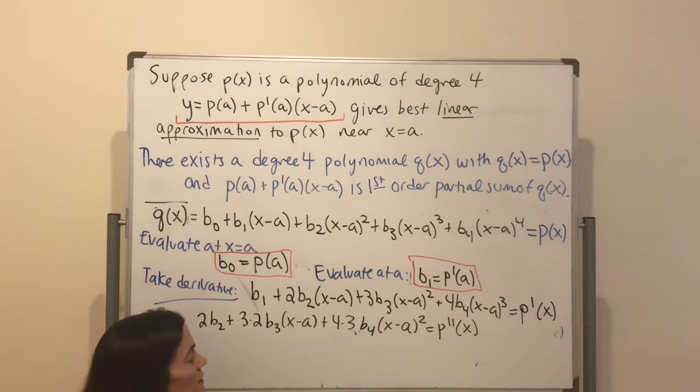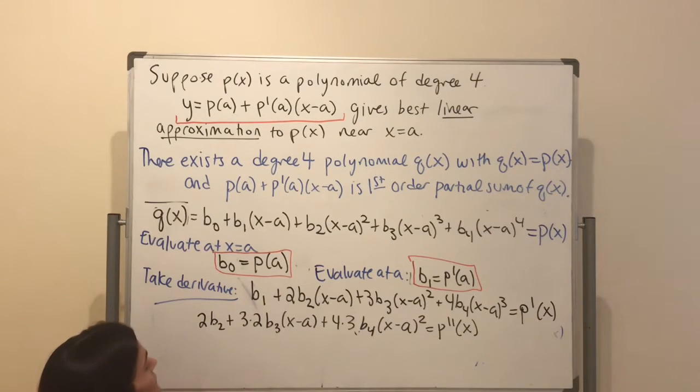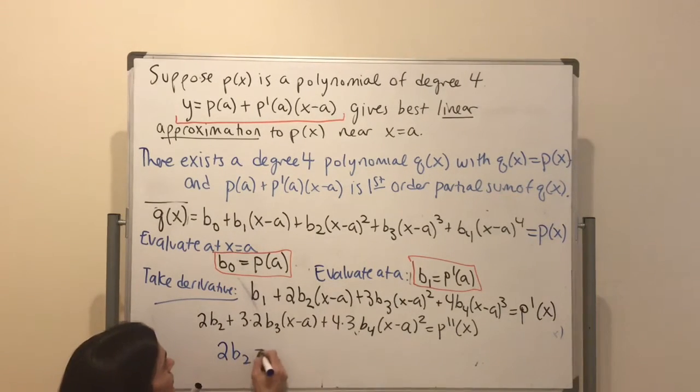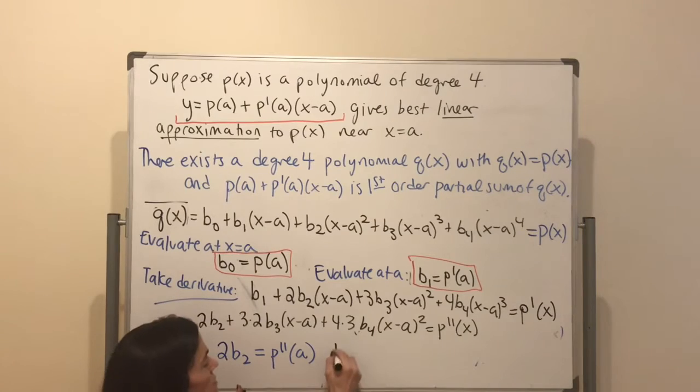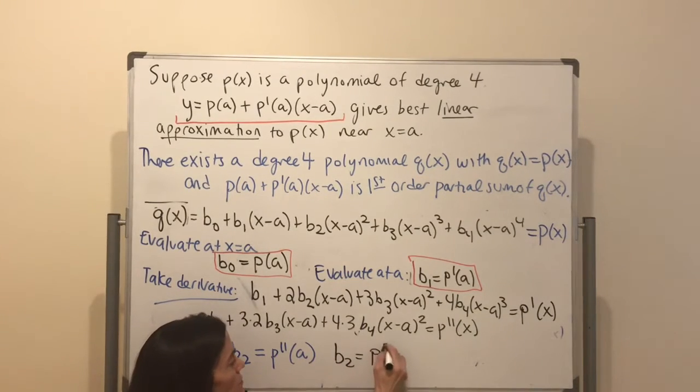Well, now, hopefully, you see my trick. Again, evaluate at A, so that this is 0 and this is 0. And here we will get that 2B2 is P double prime at A. Or if you divide, you get that B2 is the second derivative at A over 2.